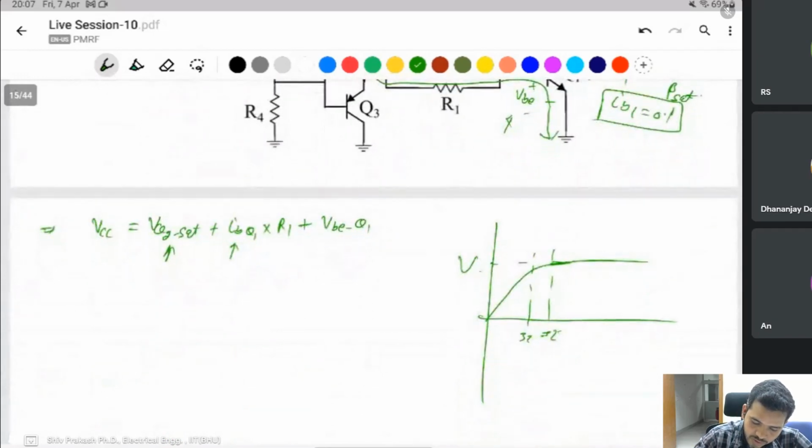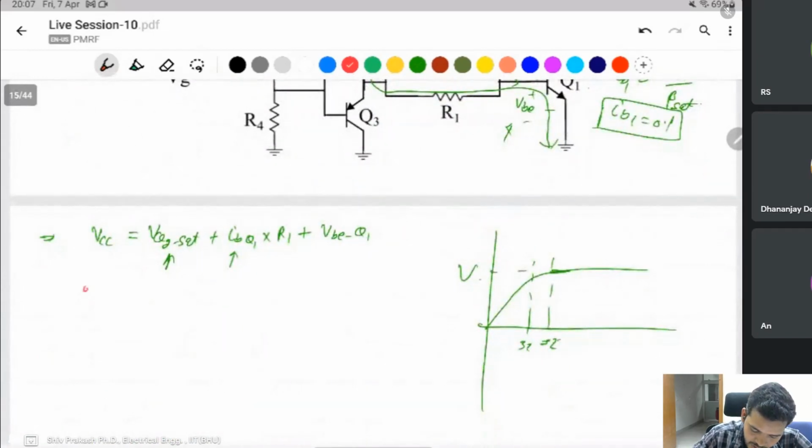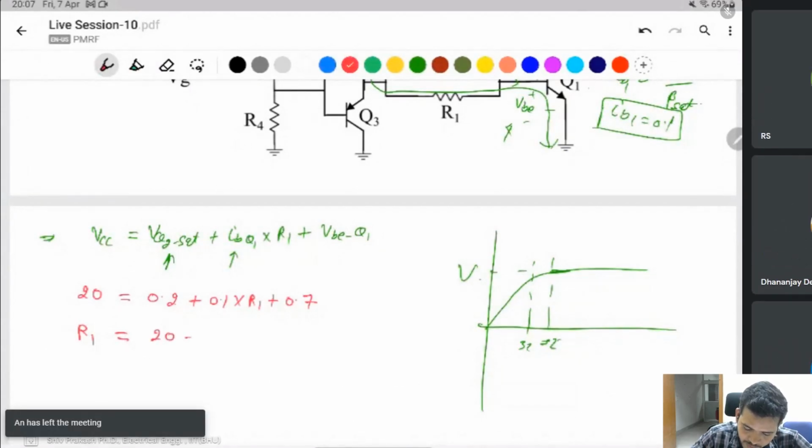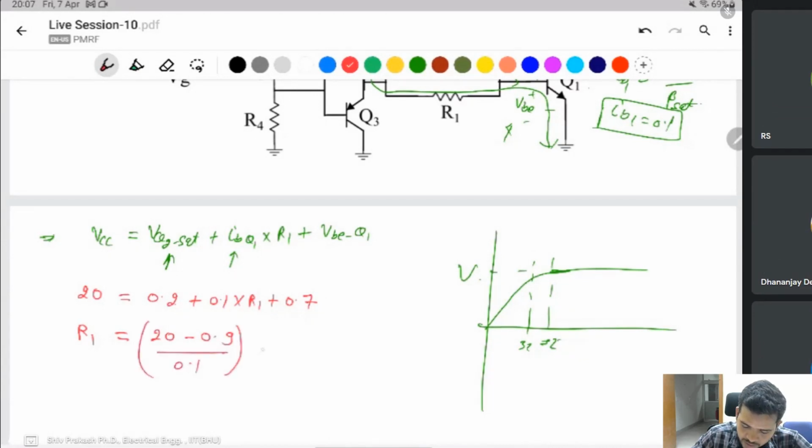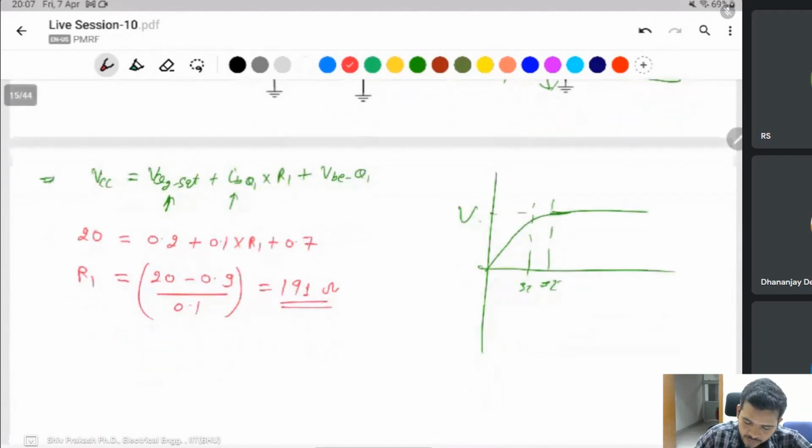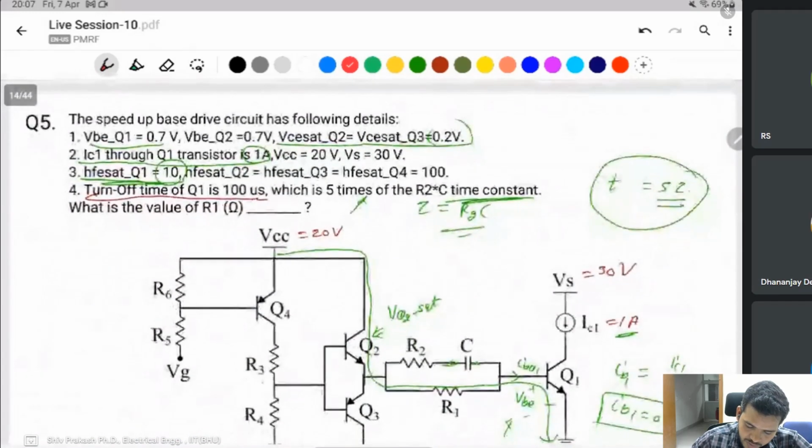20 volt equals 0.2 volt plus 0.1 into R1 plus 0.7, so R1 is 20 minus 0.9 divided by 0.1, which is 190.1 ohm. This gives the value of R1.